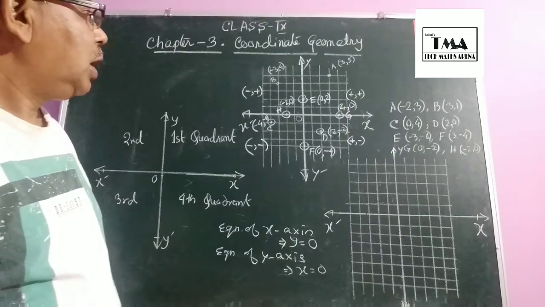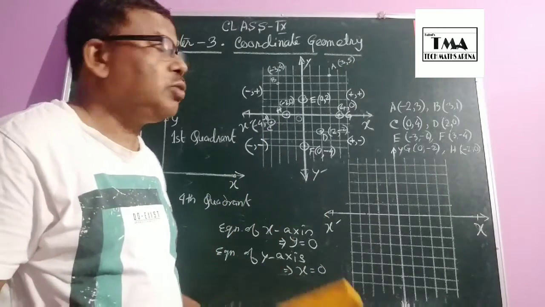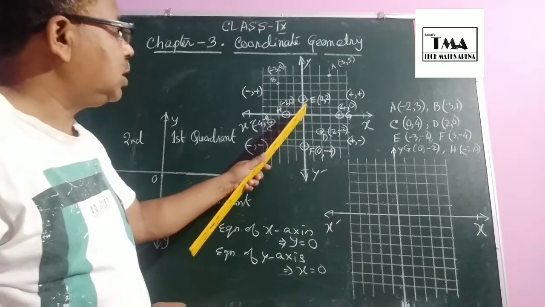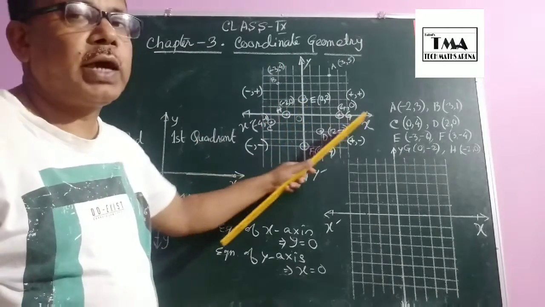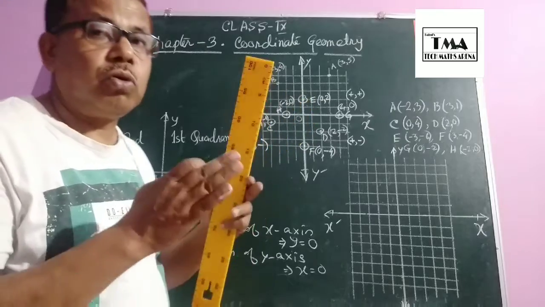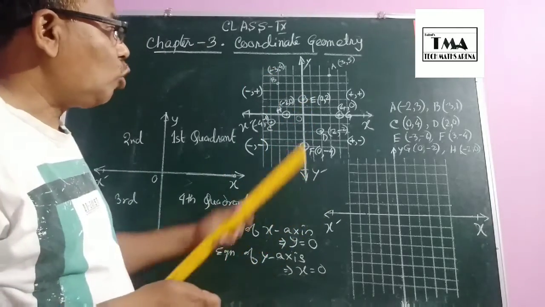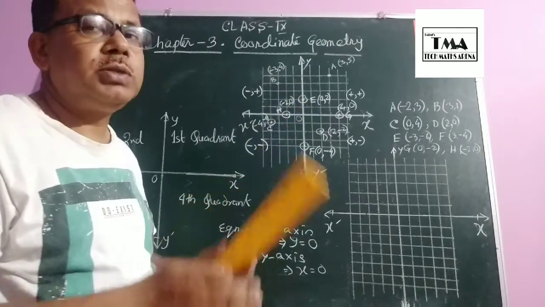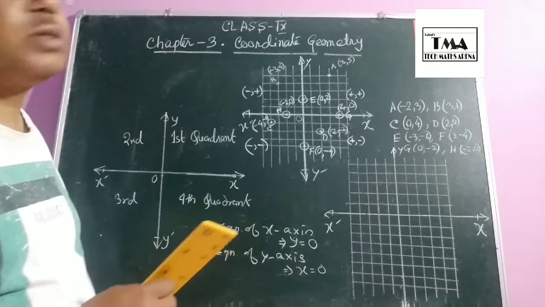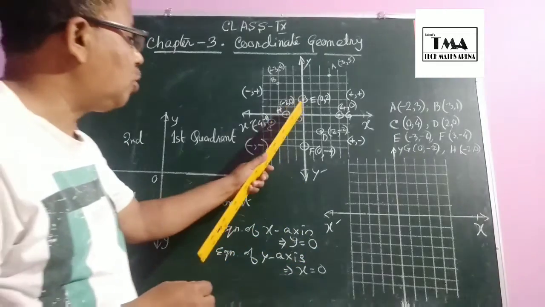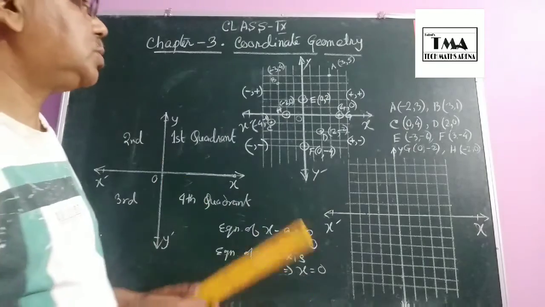Okay? And further, we know that the intersecting point of the two axes is called the origin, and the coordinates of the origin are 0, 0.